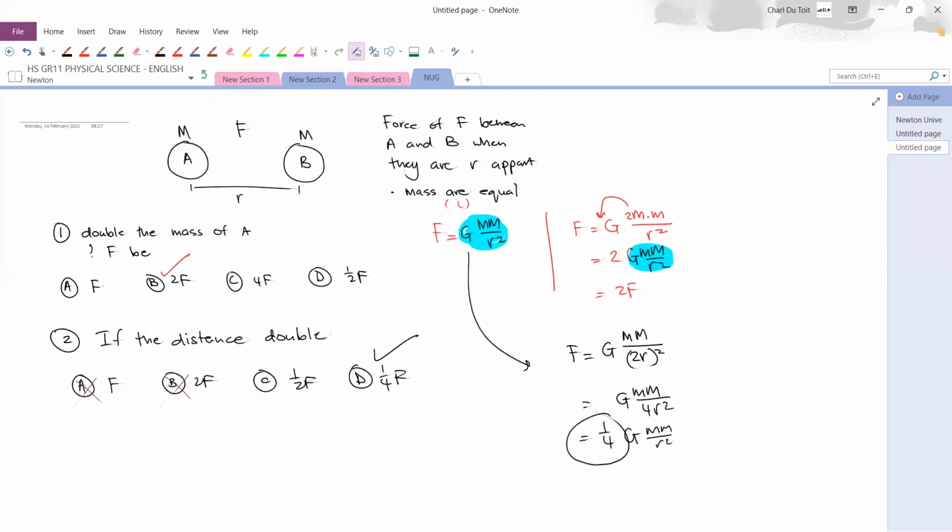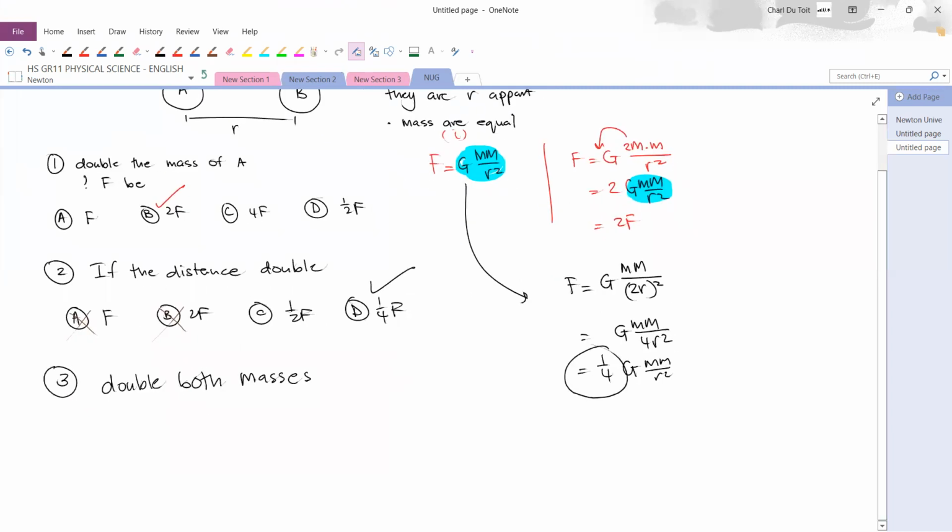So now I'm going to test you and see if you can actually manipulate that formula. If you get the following right, then it's awesome, you can do it. We're going to double both masses, A and B, and double the distance.